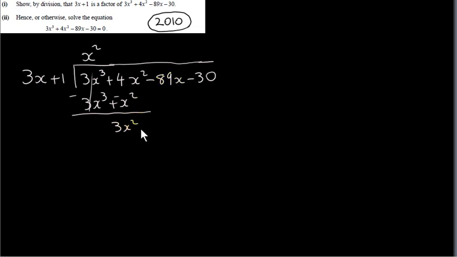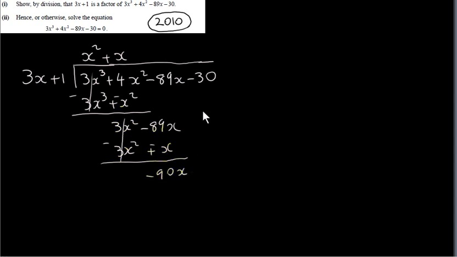Take the next term down, which is minus 89x. Divide 3x into 3x squared to get x. x times 3x gives back 3x squared. x times 1 is plus 1x. Subtract. We get minus 90x. Take the next term down, which is minus 30, because we already took down this term.